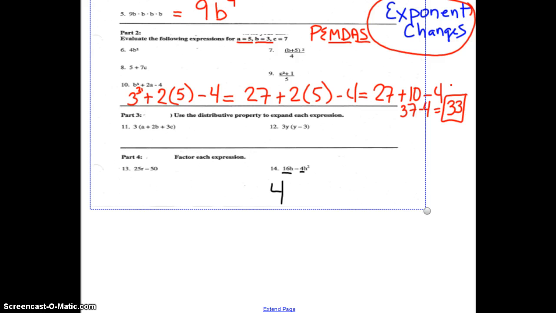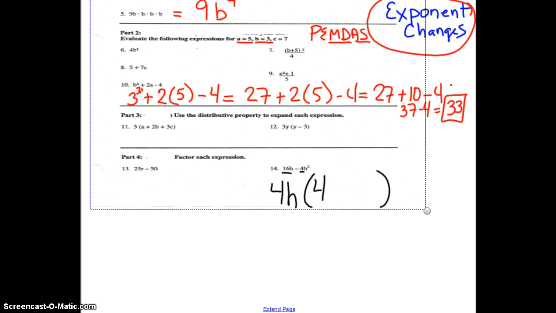and we have variables in both terms. So that means we take the smallest one. What's smaller, h or h squared? Yes, of course, it's h. Now we can put our parentheses, and we're going to go through and divide everything by 4h. So 16 divided by 4 is 4. If you have an h, you divide by an h.